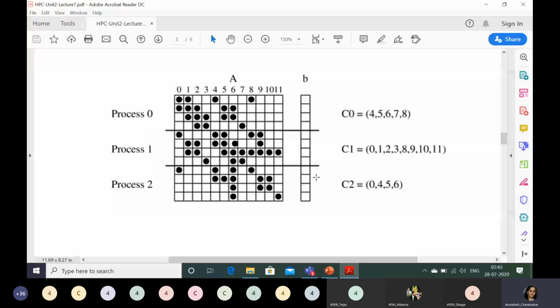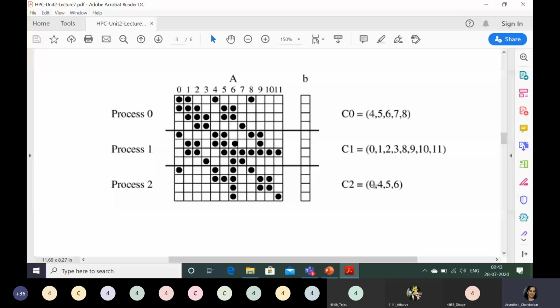C2. So these elements of the B vector are with this process. The rest it will have to collect from the rest of the processes. Out of B0, B1, B2, B3, only B0 it is needing for its calculation.